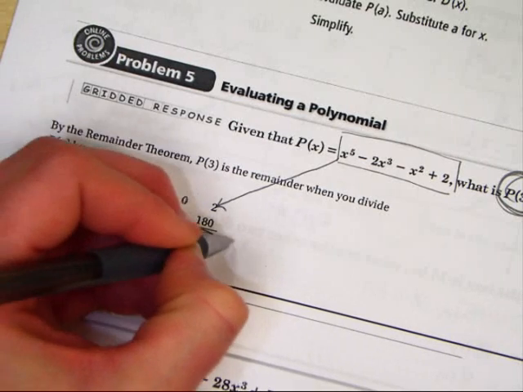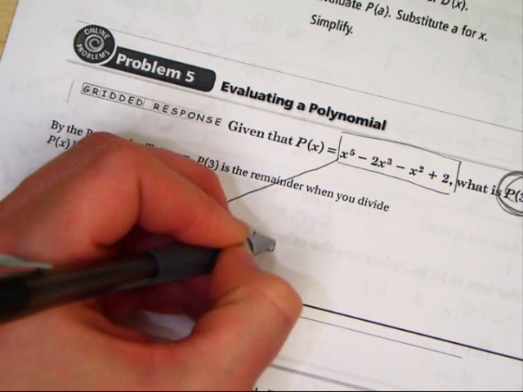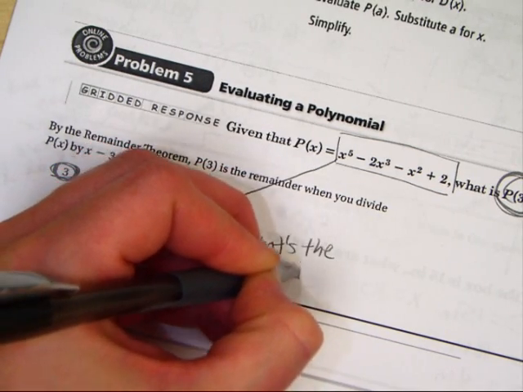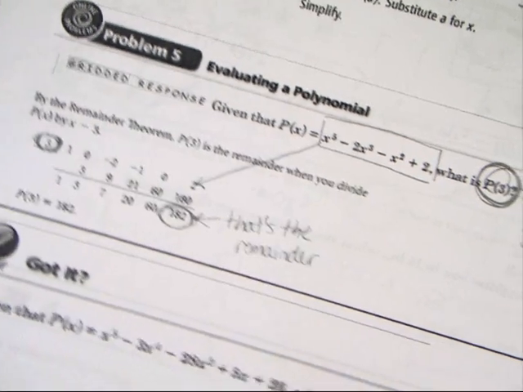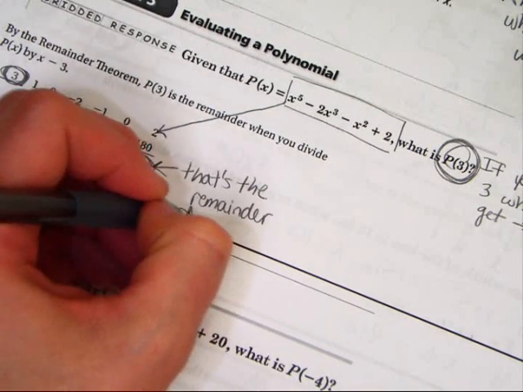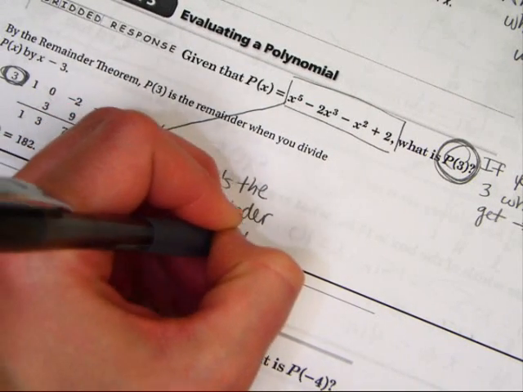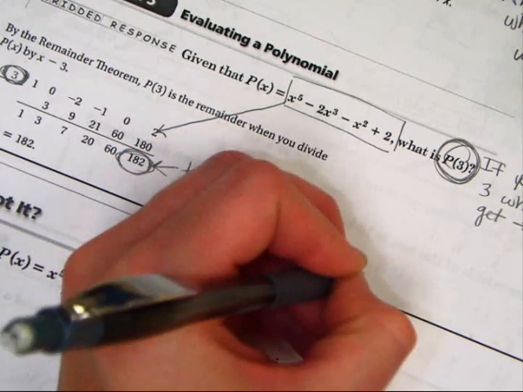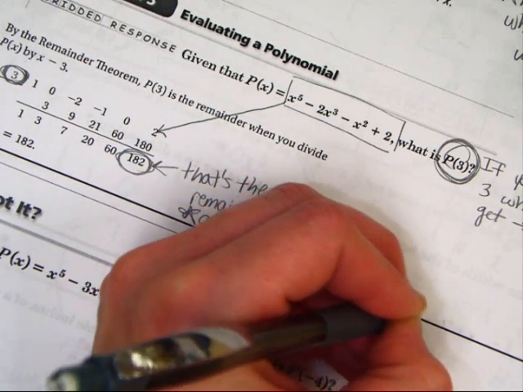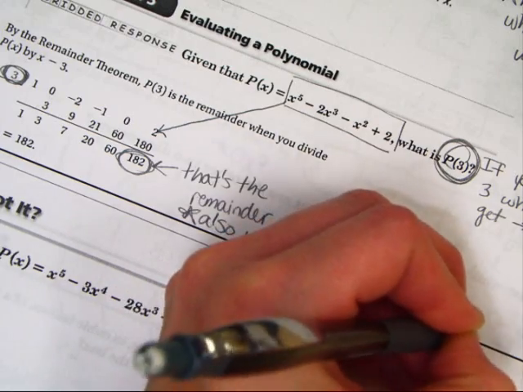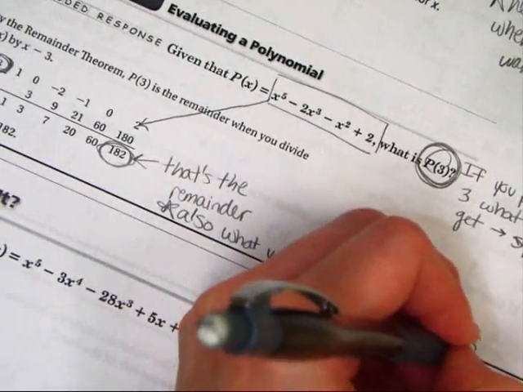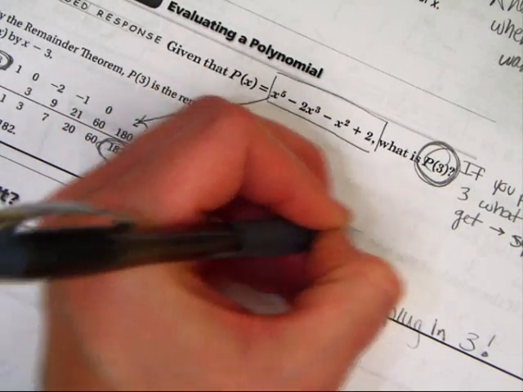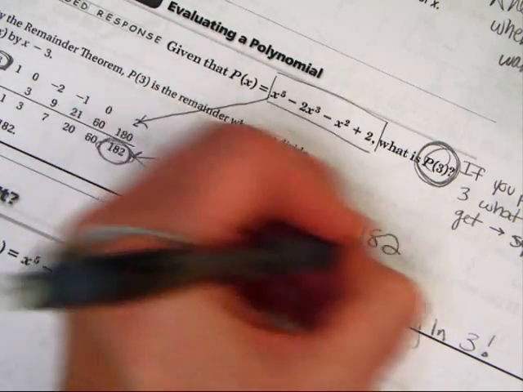You see the 182? That would be the remainder. Since it's the remainder, if you can believe it, that's also the answer. So it's also what you get if you plug in 3. So we could write P of 3 equals 182.